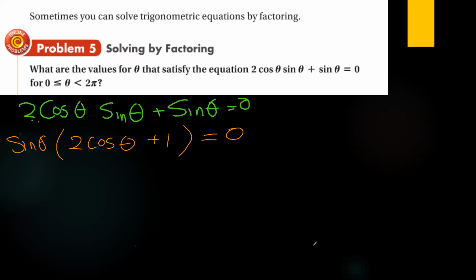So sine of theta equals 0, or 2 cosine of theta plus 1 equals 0.